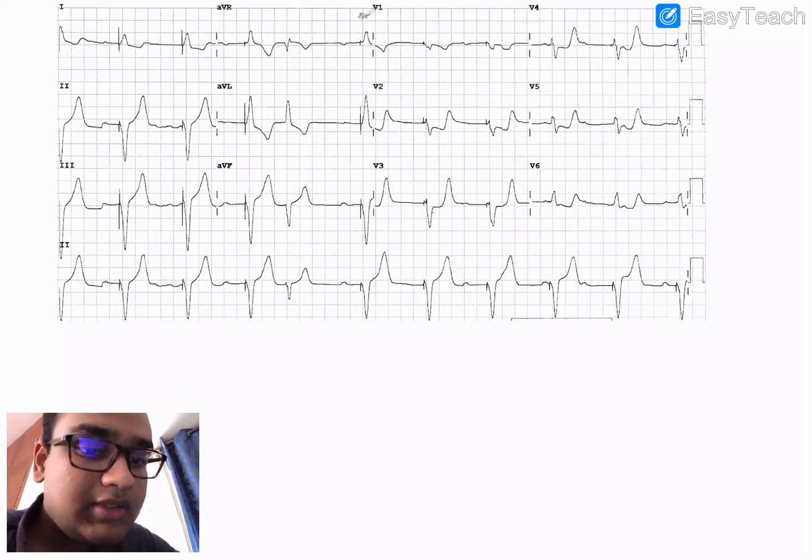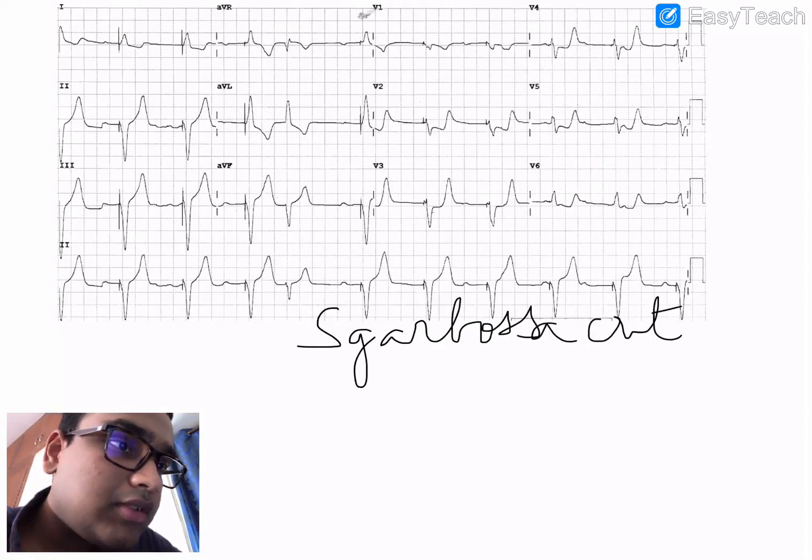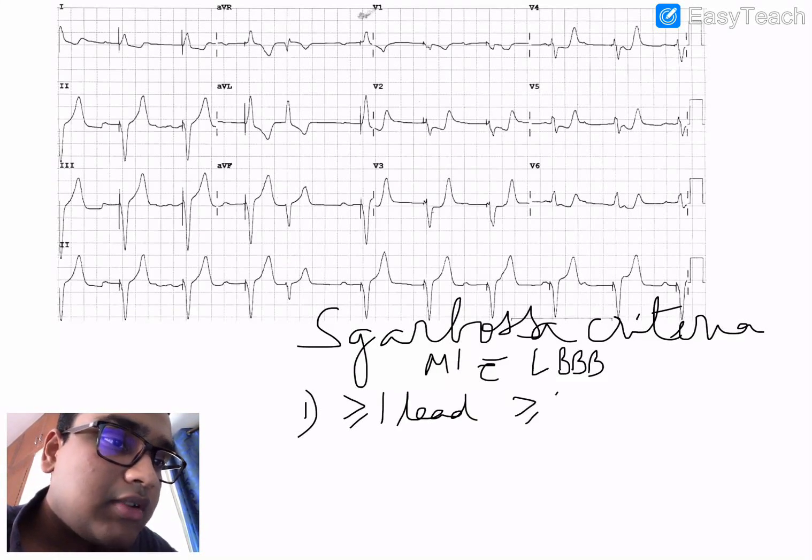You should remember this criteria, the name at least, called Sgarbossa criteria. This criteria was put forth to diagnose MI with LBBB, and it is very easy. The first point is more than one lead showing more than 1 mm of concordant ST elevation.